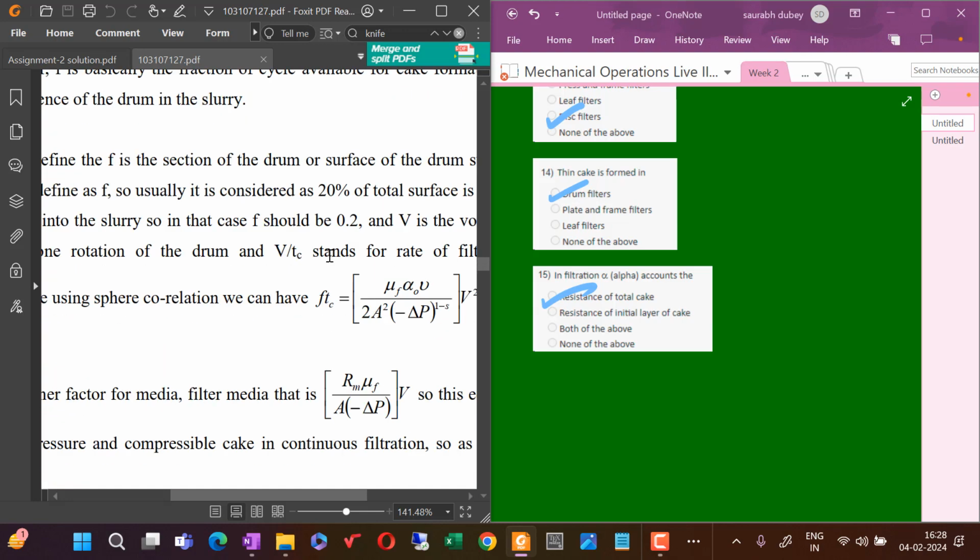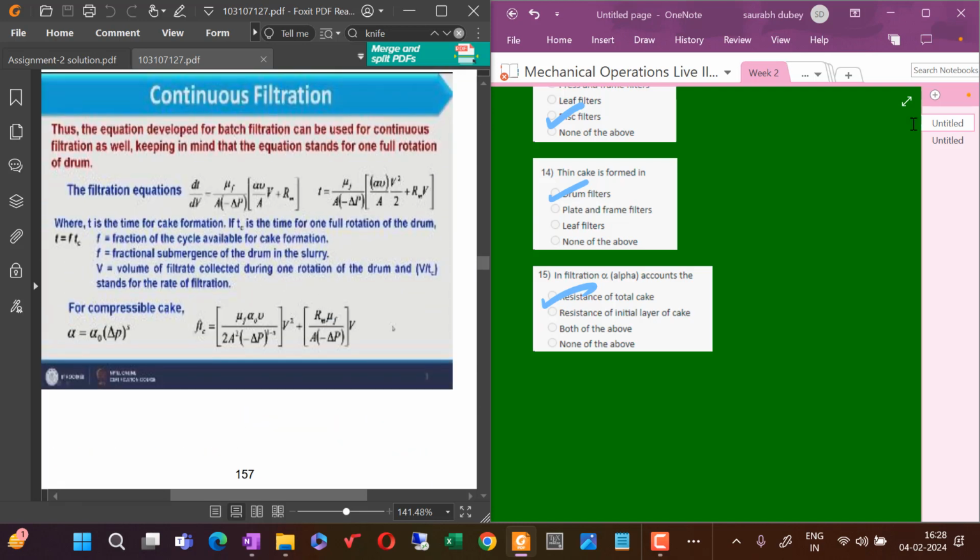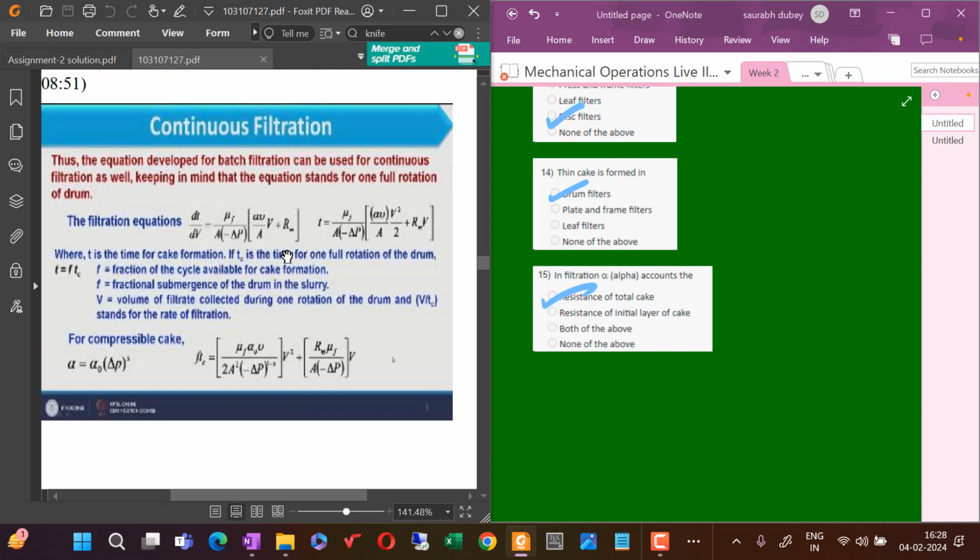So if you want me to explain it again, this is the factor F that I am talking about. Here F is the fraction of the cycle available for cake formation.